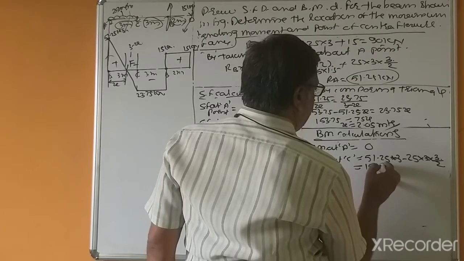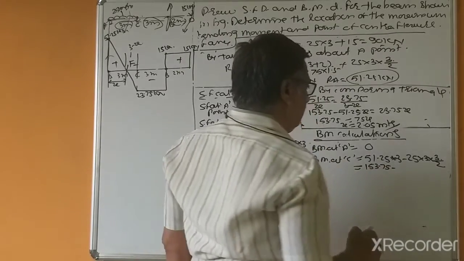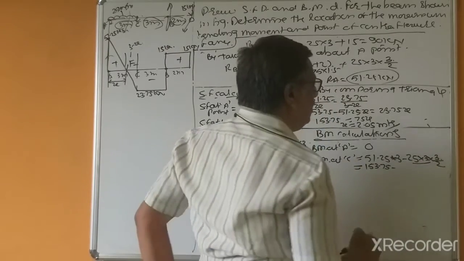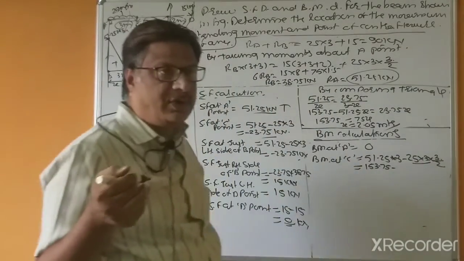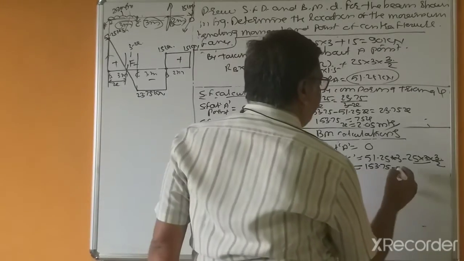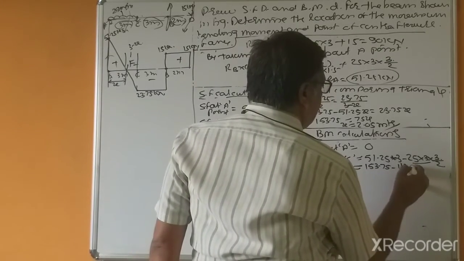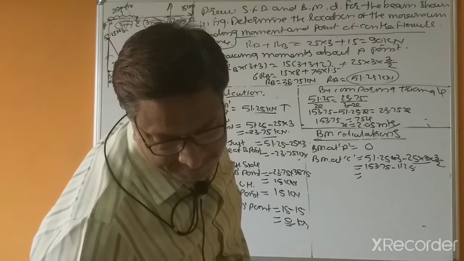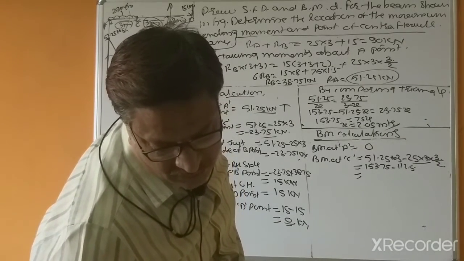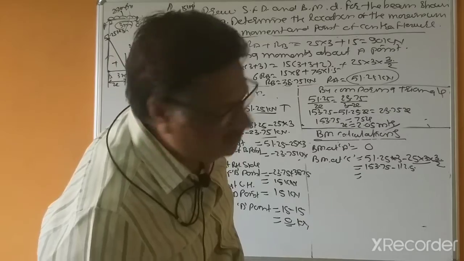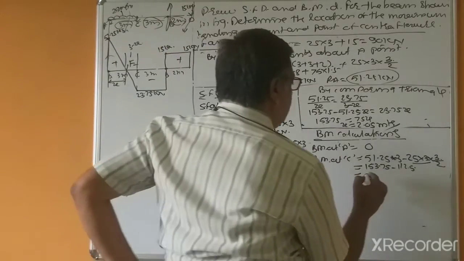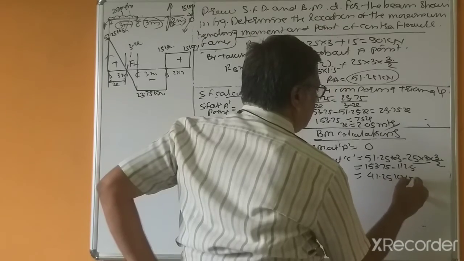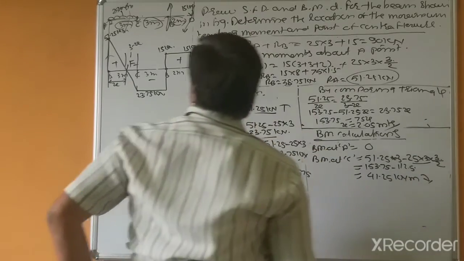This is 153.75 minus, this is 75 into 1.5, I think 112.5. This is equal to 41.25 kilonewton meter, and this is clockwise.